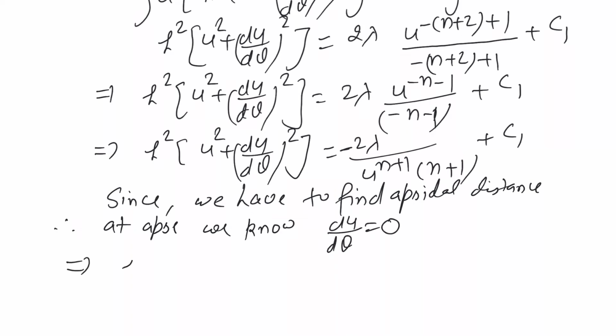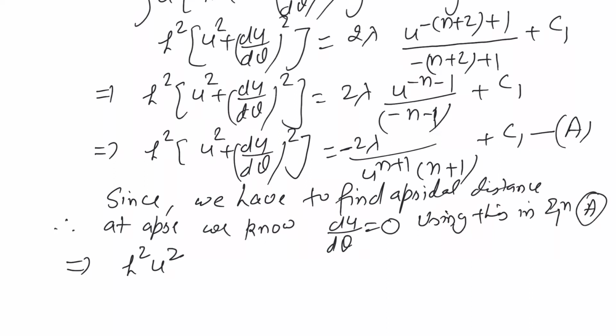This implies that h square u square, you may name it as equation number A. Using this in equation A, h square u square, this will be 0, is equal to minus 2 lambda over n plus 1, u raised to the power n plus 1, plus c1.